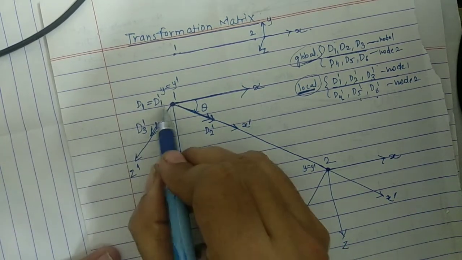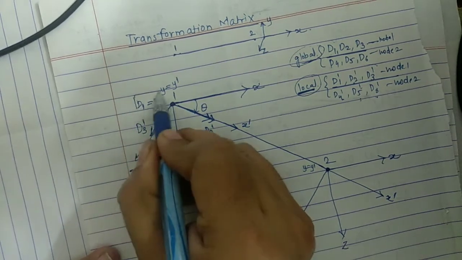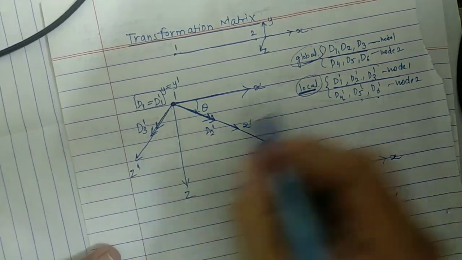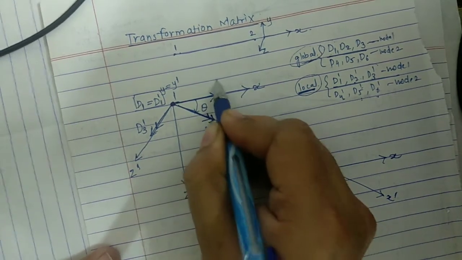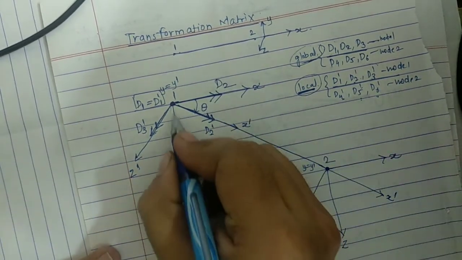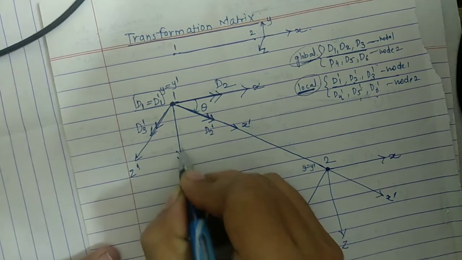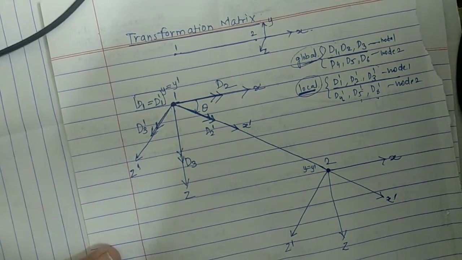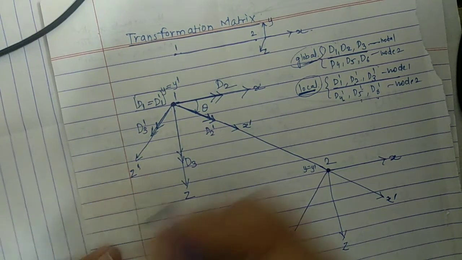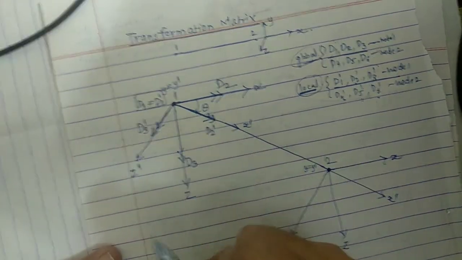Local, global, both axes are the same. Therefore, this D1 dash is equal to D1. Now D2, D3. D2, rotation in x direction. D3, rotation in global z direction. Okay, so these are shown here.